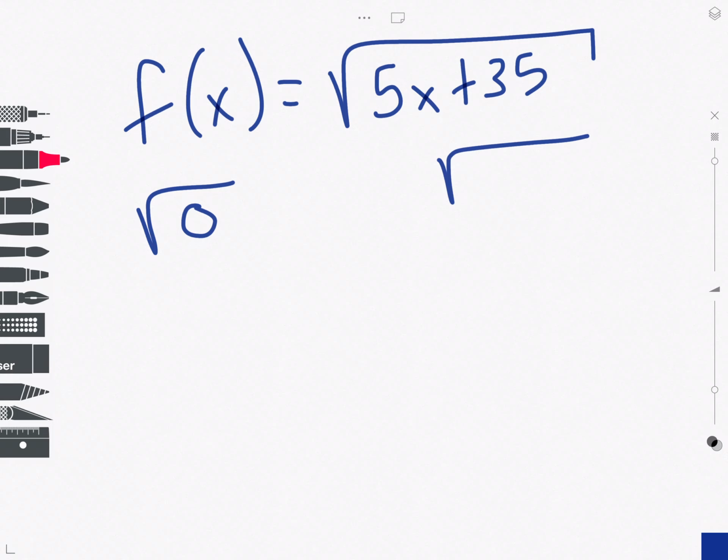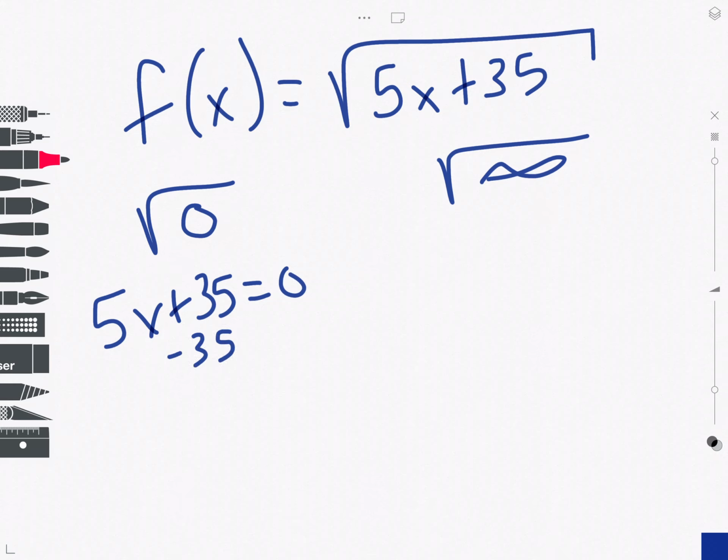The biggest thing is infinity. Could keep going forever. So then I ask, what could I plug in here to get out of 0? Or in other words, 5x plus 35 equals 0, and solve that. So subtract 35 from both sides, and divide by 5 on both sides. And I get x equals -7.